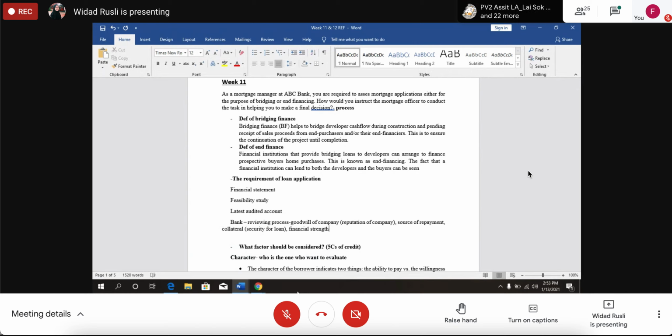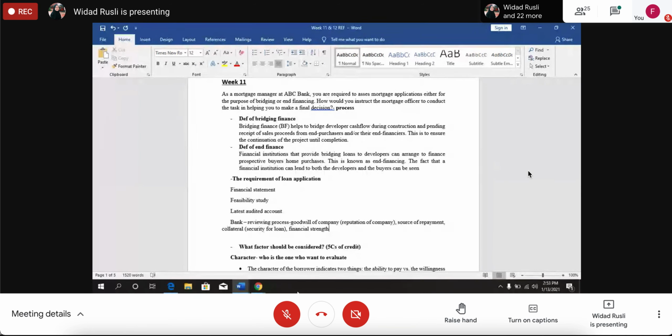Okay, my answer will be the collateral will be the proposed site for the development. Since when they submit for a loan approval, they also will submit a valuation report of the development site, which uses the residual method to calculate the potential value of the site.